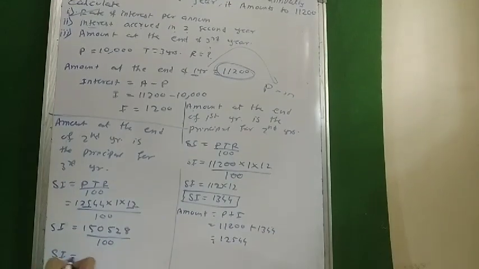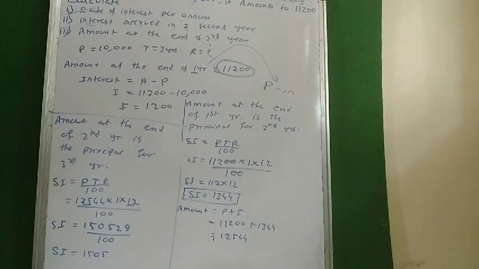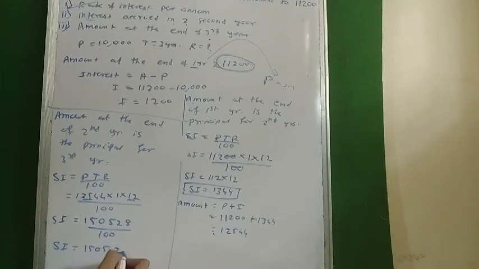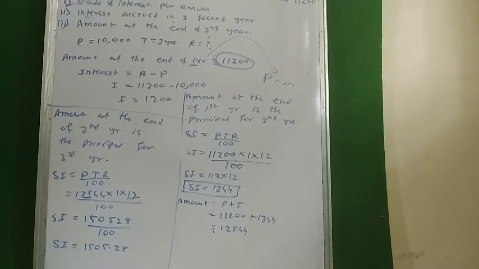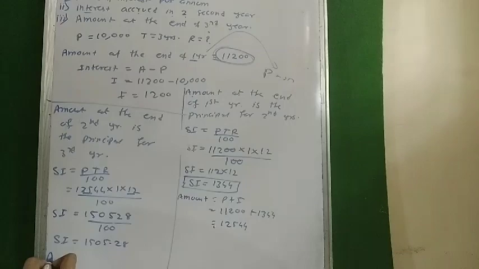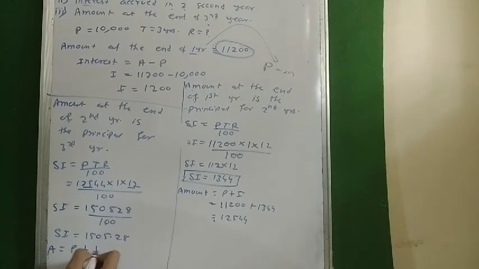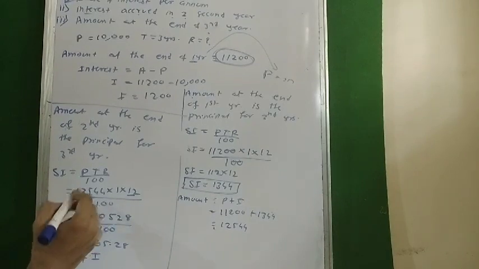Therefore, simple interest is equal to 1,505.28. As it is 2 zeros, we will take the decimal point over here. So this is a simple interest. Therefore, the amount is equal to principal plus interest. Okay, what is the principal? 12544.